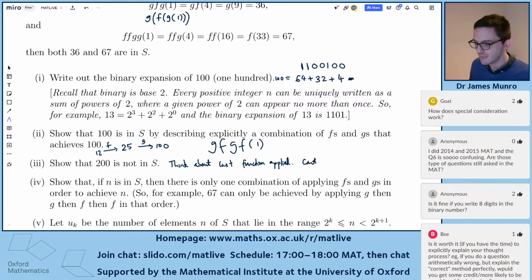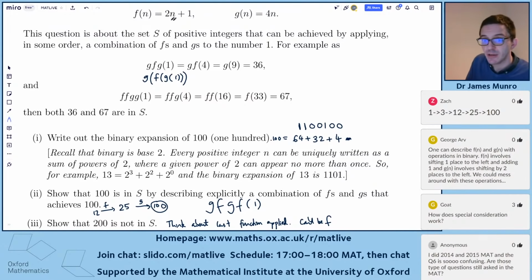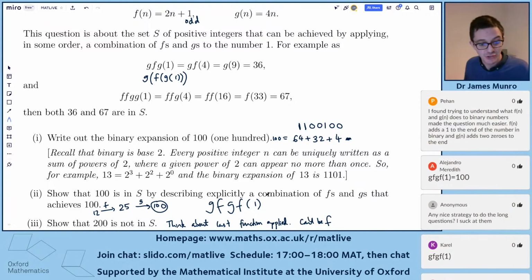Can't be F. So we're going to work backwards, like I did for 100, I suppose. Let's target 200 now, but slightly differently to show that it can't happen. It can't be F. Why can't it be F? Well, F always gives us odd numbers. We put a whole number in, we get an odd number out. 200 is not odd, so it can't be F.